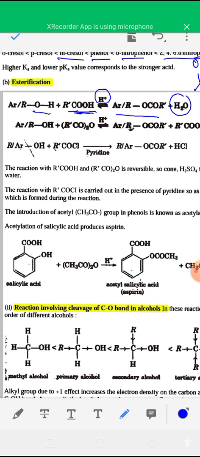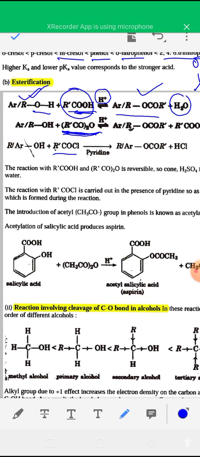Similarly, when alcohol reacts with acetic anhydride or acid chloride, it will also produce an ester. Mainly the alcohol reacts with carboxylic acid, and in some cases with acid anhydride, (RCO)2O. This is the general formula of acid anhydride.